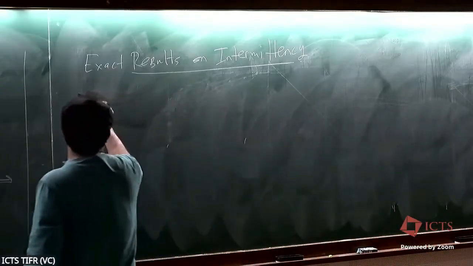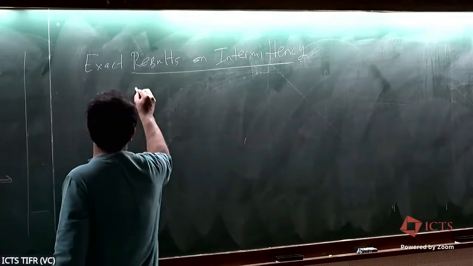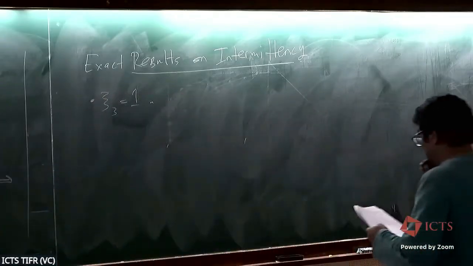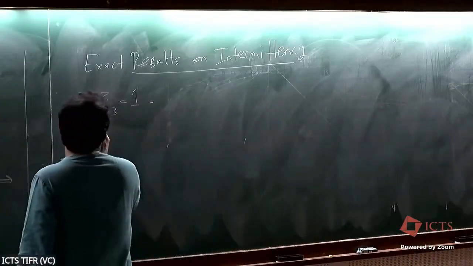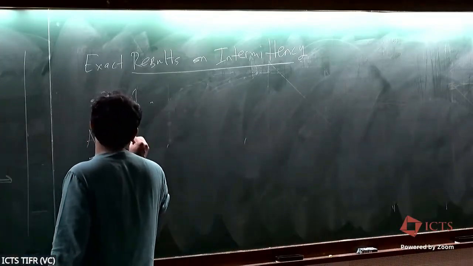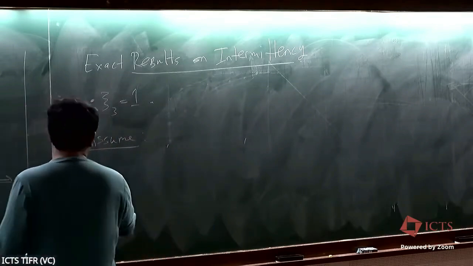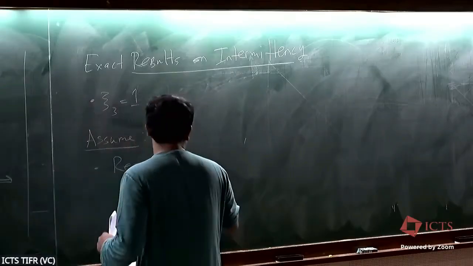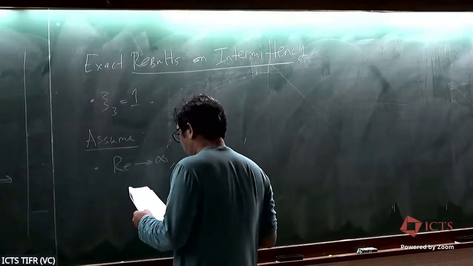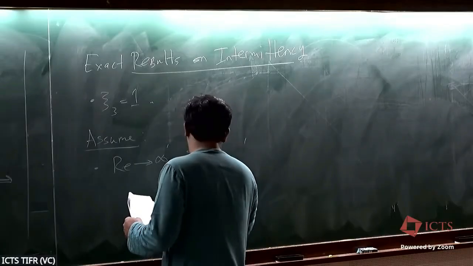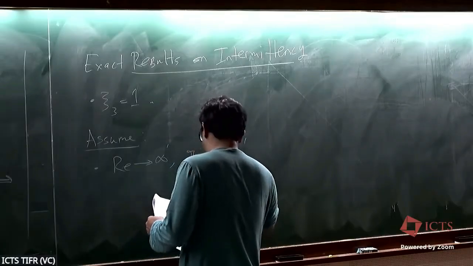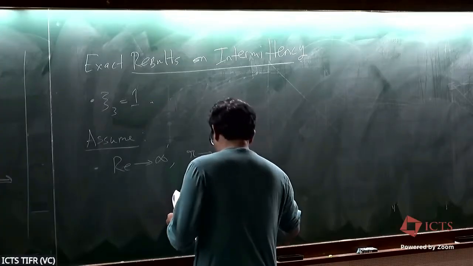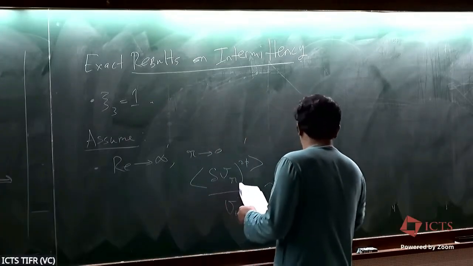So one constraint which I'm not going to derive, as I said, is this. I'll just leave it hanging there without talking about it anymore. So to derive these exact results, we make the following assumptions. One is, in the Reynolds number going to infinity limit, R becomes small, or what we have is some constant, which I don't care about.